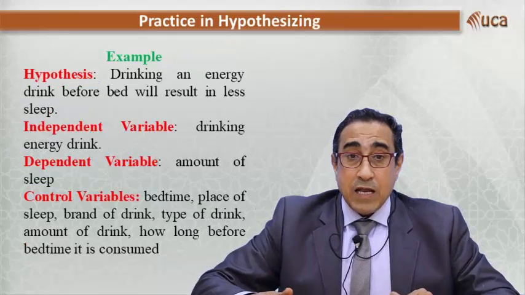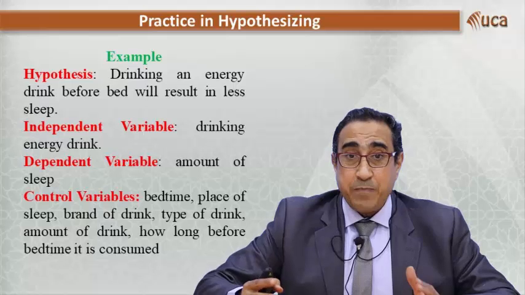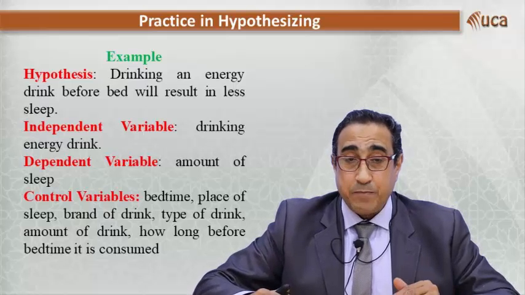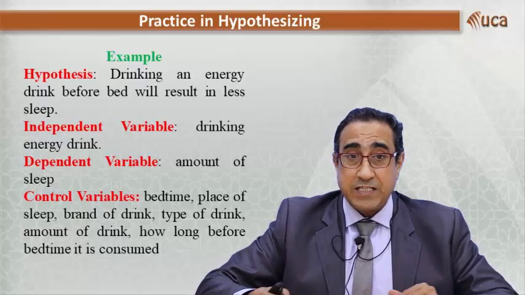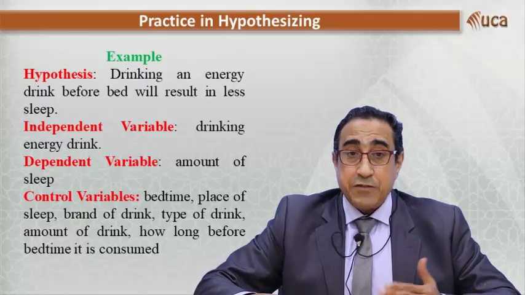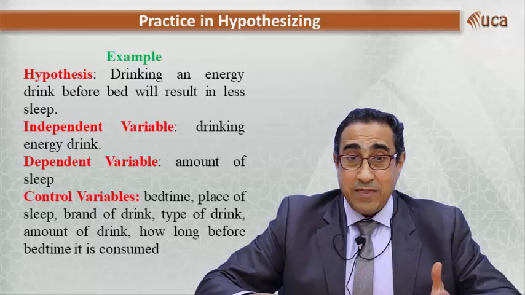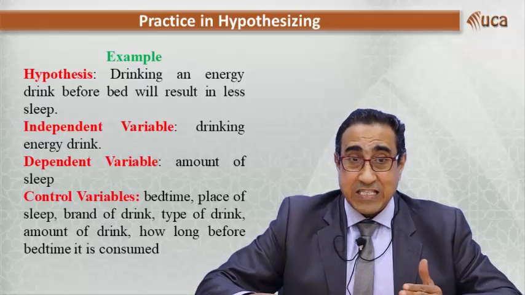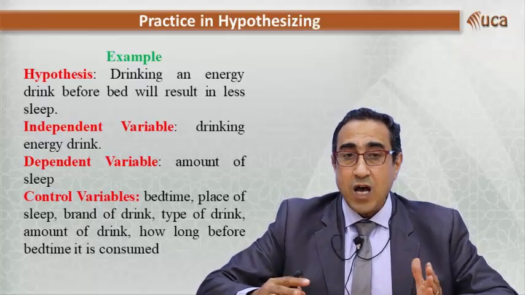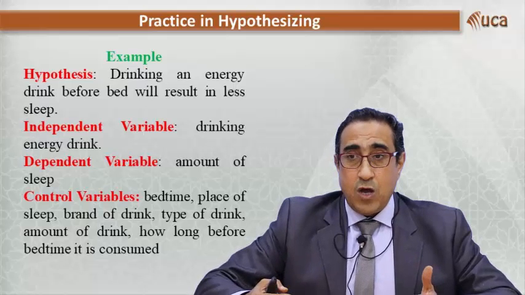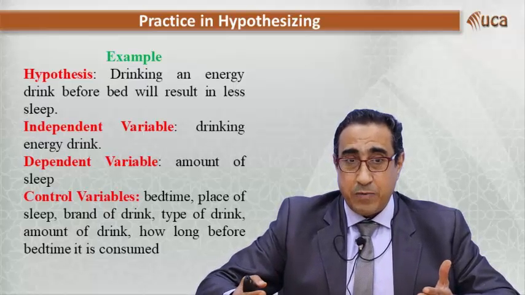Now, let's practice in hypothesizing, and this is an example. You should follow this example. Hypothesis: drinking an energy drink before bed will result in less sleep. So, what are the variables here? What is the independent variable?